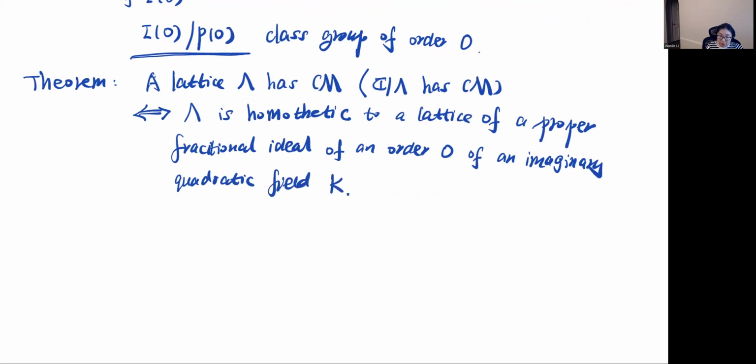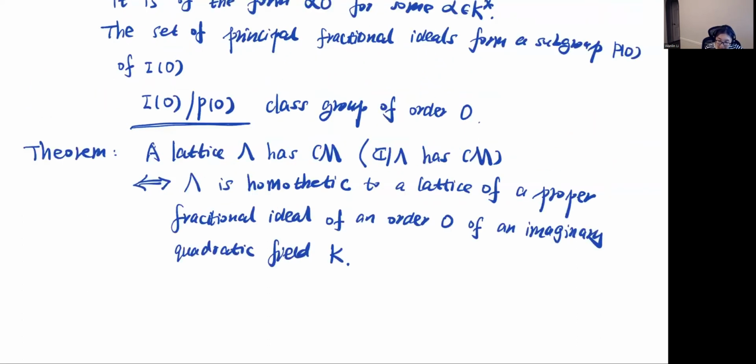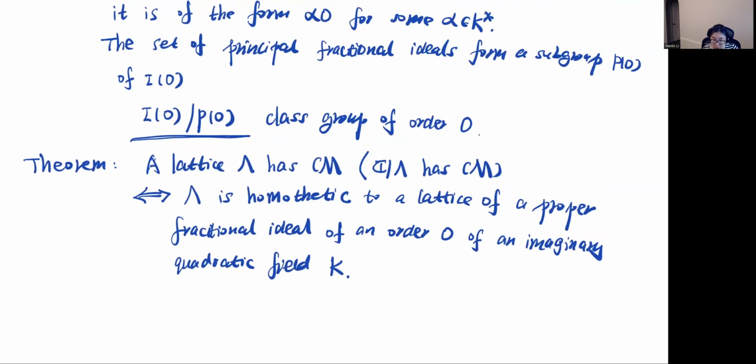So if I prove this theorem, this will tell me that all elliptic curves with CM by O arise from a proper fractional O ideal. And also the homothety of the lattices is exactly measured by whether the two fractional ideals differ by a principal fractional ideal.